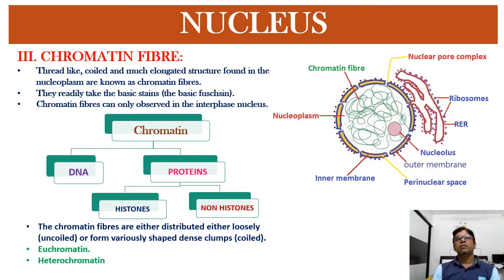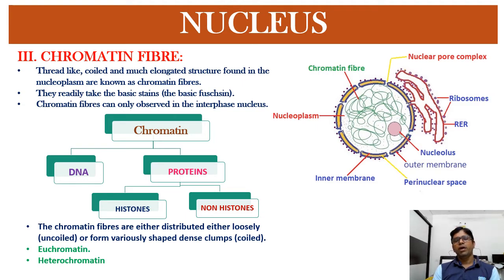These proteins play an important role in gene expression, which is nothing but production of protein. RNA polymerase is the best example of a non-histone protein present in the nucleoplasm.